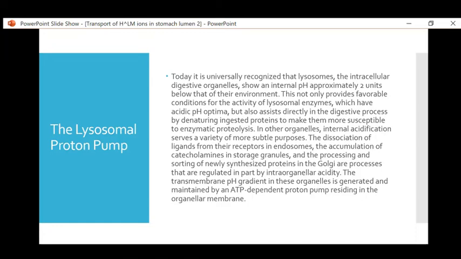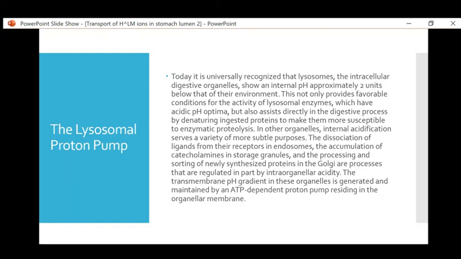In other organelles, internal acidification serves a variety of more subtle purposes: the dissociation of ligands from their receptors in endosomes, the accumulation of catecholamine in storage granules, and the processing and sorting of newly synthesized proteins in the Golgi are processes that are regulated in part by intra-organelle acidity.